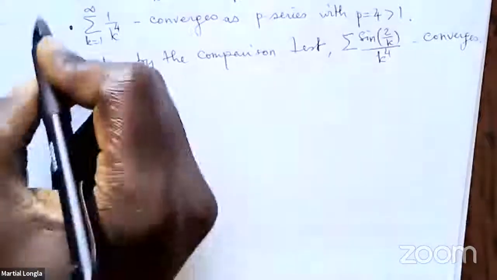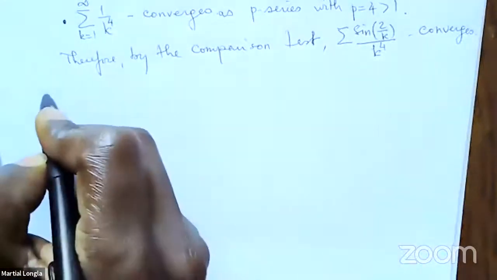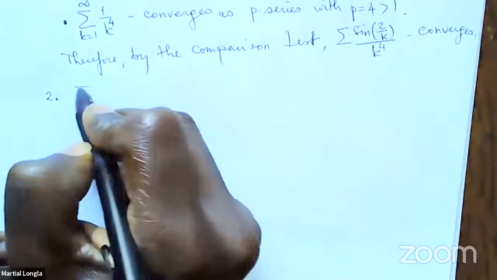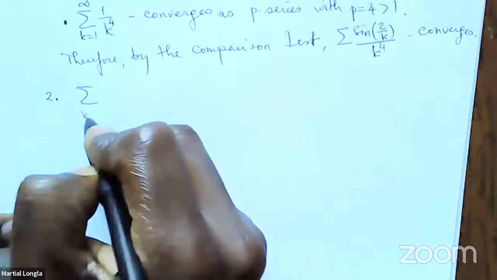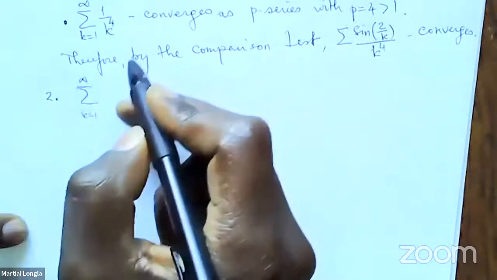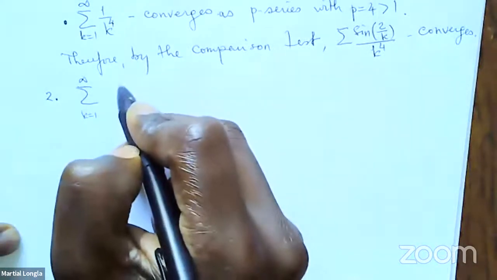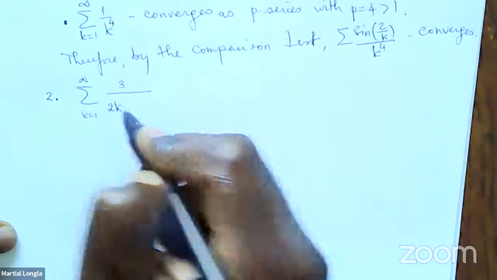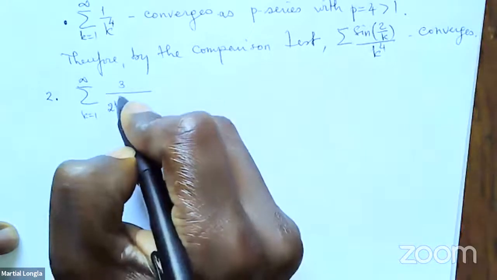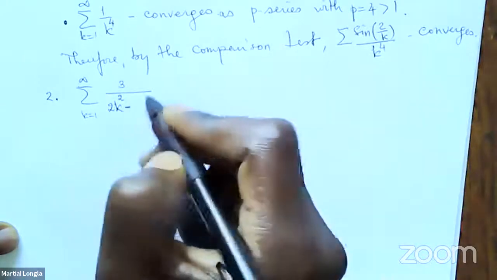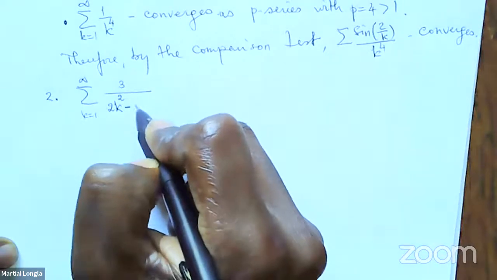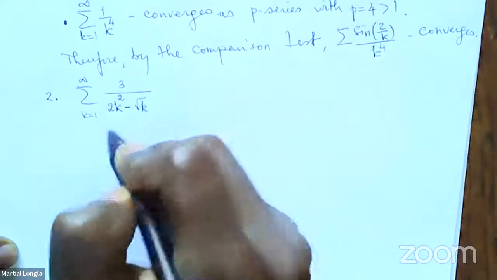Let's do a second example. Sum, k from 1 to infinity, of 3 over 2k squared plus square root of k.